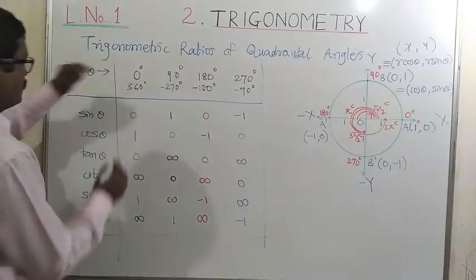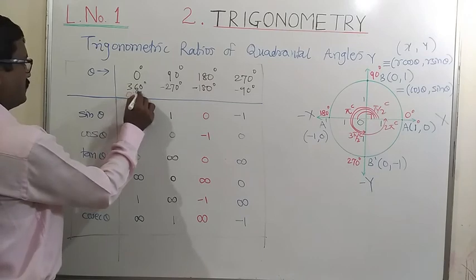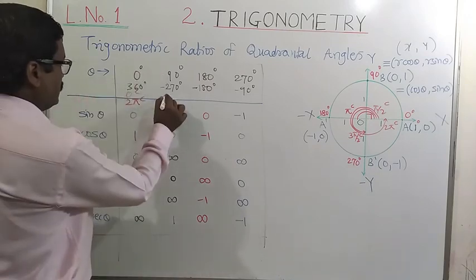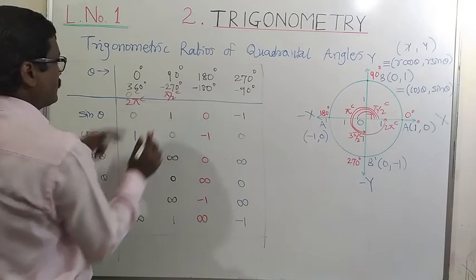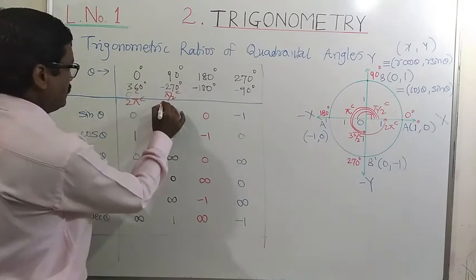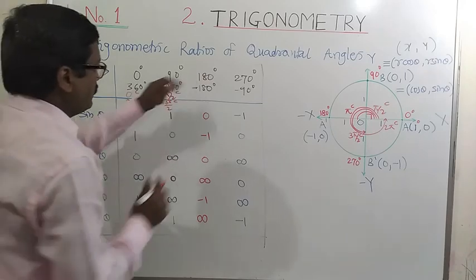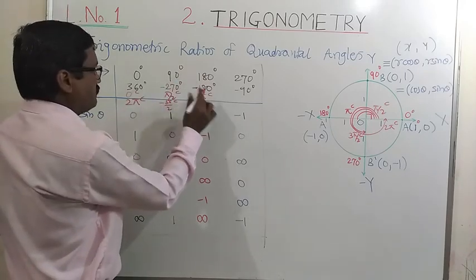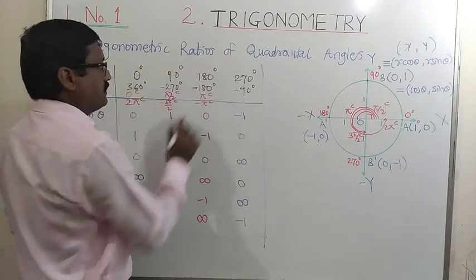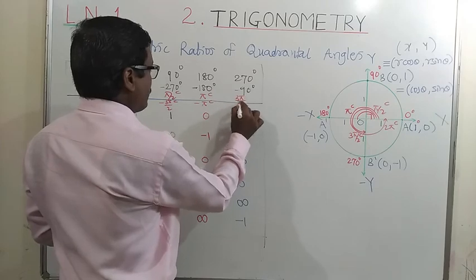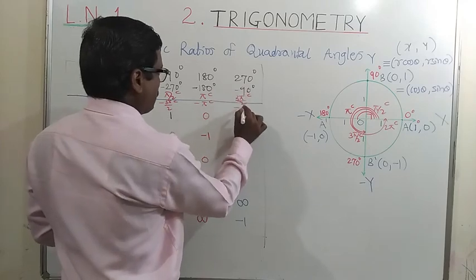So this 0 or 360 is 0 radian or 2 pi radian. 90 is nothing but pi by 2 radian, and minus 270 is nothing but minus 3 pi by 2 radian. 180 is nothing but pi radian, minus 180 is nothing but minus pi radian. 270 degree is nothing but 3 pi by 2 radian, and minus 90 is nothing but minus pi by 2 radian.